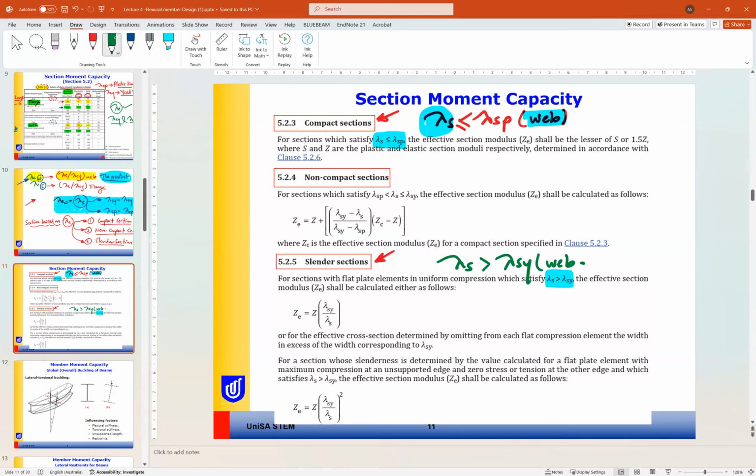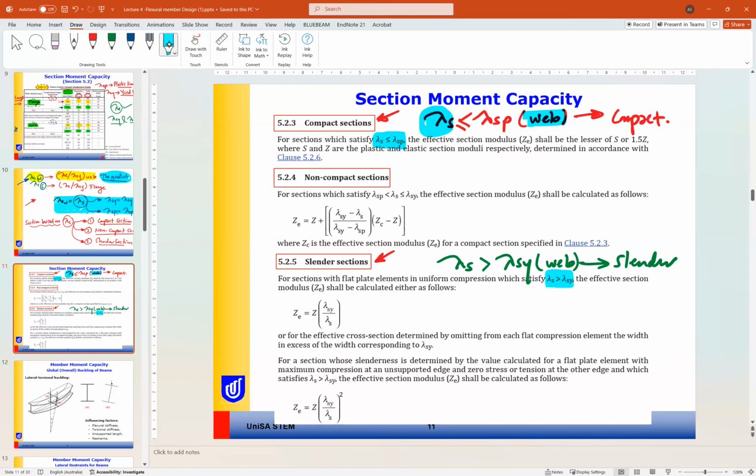This means the section is cylinder. These are the two extreme cases, that's why I start with them. If lambda is less than lambda s plastic, it is compact. If lambda is more than lambda s yield, it is cylinder. Anything in between will be non-compact.